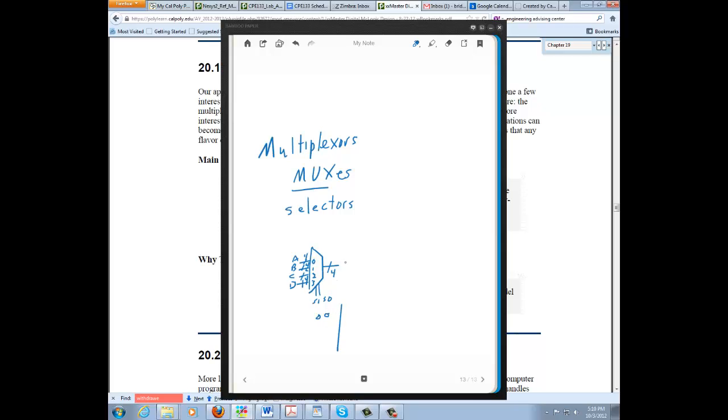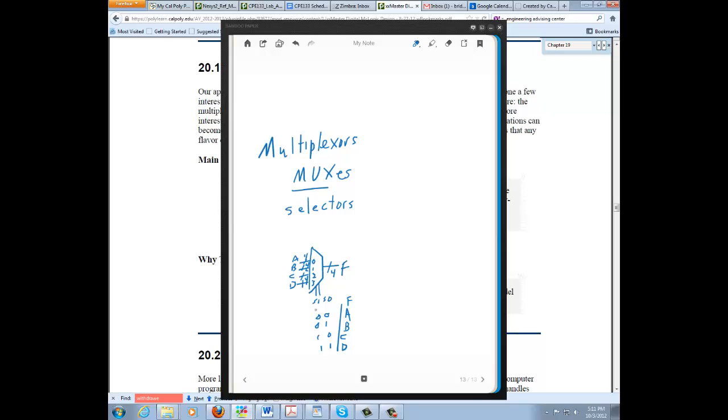What you're going to get on the output F is whatever is connected to the 0th entry, which is A. So F is going to get A if you select 0, 0. If you select 0, 1, you're going to get B. If you select 1, 0, you're going to get C, and if you select 1, 1, you're going to get D.